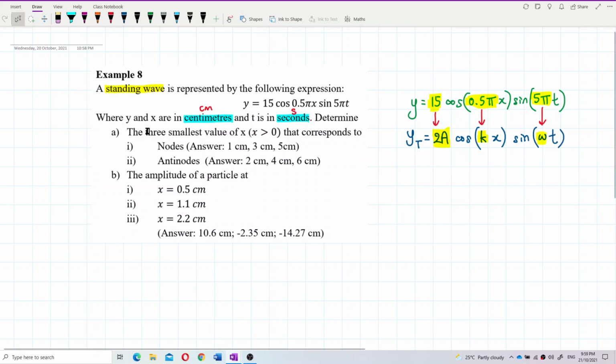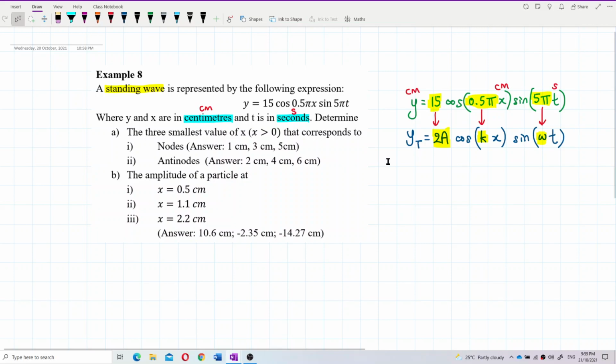So you just write here that y is in centimeter, x also in centimeter, and the time is in second.